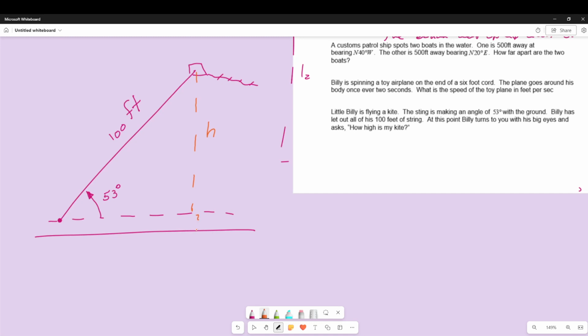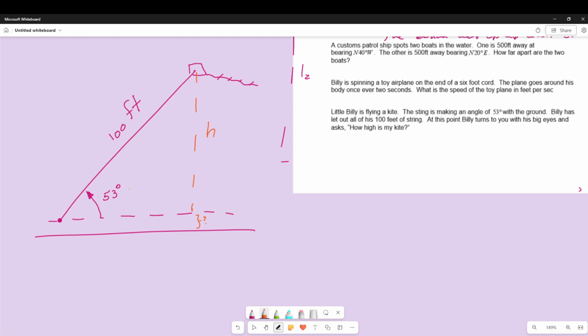And we're going to ignore the idea of how tall Billy is. We're just going to say it's this far above you, Billy, because little Billy, he's not going to care. But if we had this is so far above an eye line, we could add that in if we wanted to.